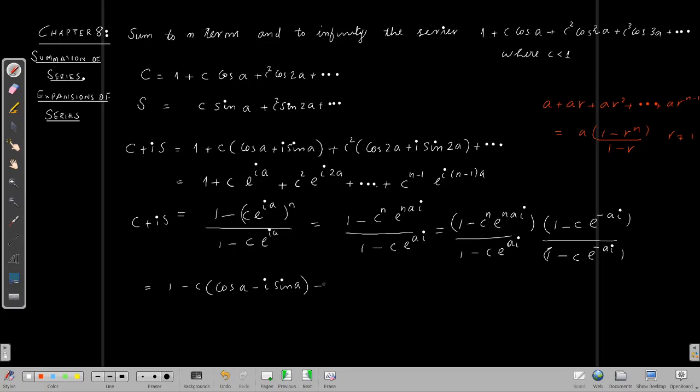The first term will be minus c raised to n times e raised to niA, and this quantity can be written as cos nA plus i sin nA. Then we have this term with this one, so that will give c raised to n plus 1.